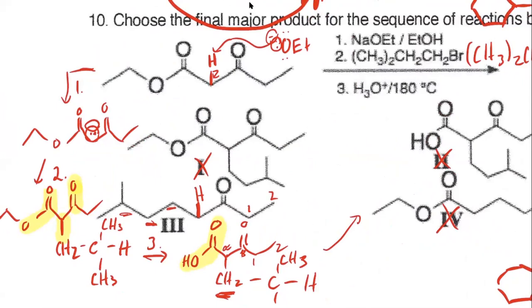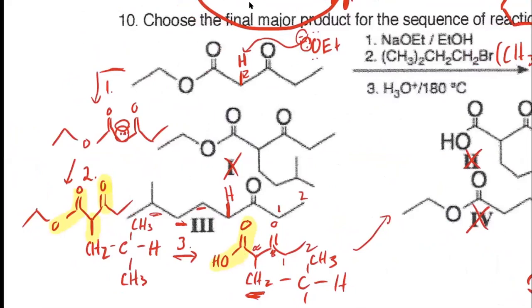But if you try to write that out, 2, 3, 4, you see how there's a small problem here, because look how many bonds there are to the carbon. Ah, I see, so that's pentavalent.